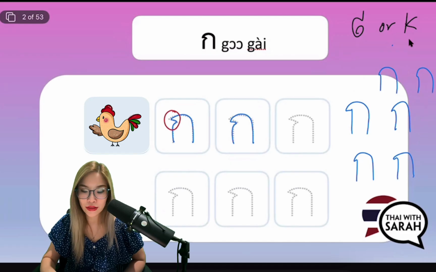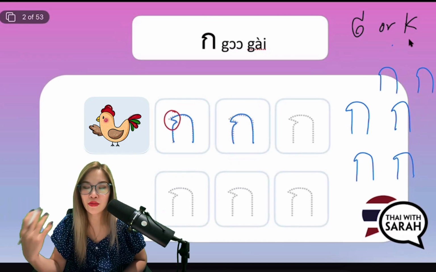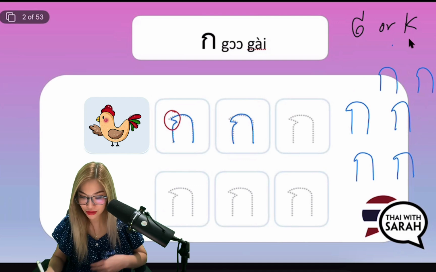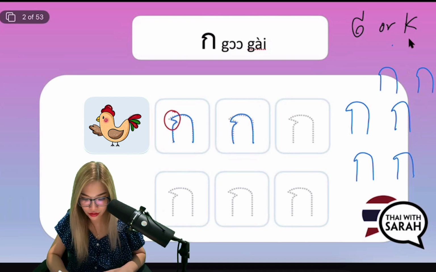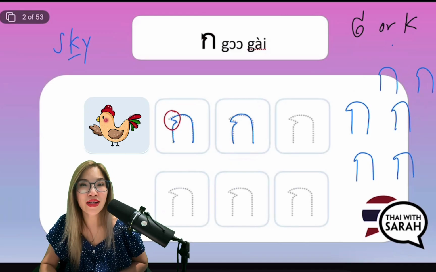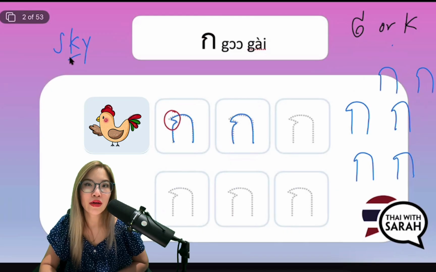So what is the sound Gokkai then? If you think about the word sky, you can probably get the sound of Gokkai more easily. Gokkai is very, very close to K in the word sky, because the S sound helps stop the aspiration from K, helps stop the blast of air.